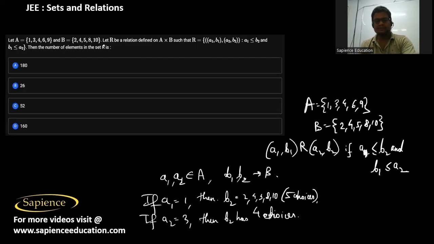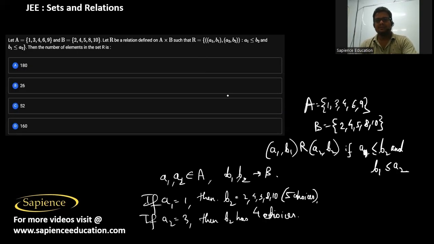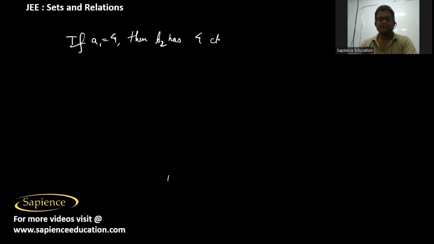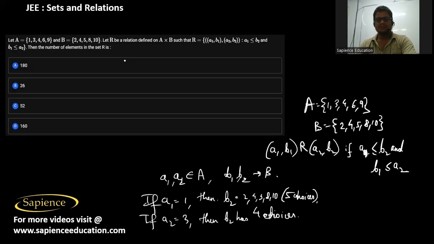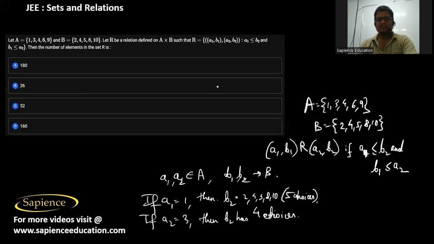Similarly, if a1 equals to 4, then b2 has 4 choices again. And then if a1 is 6, then b2 has 2 choices.